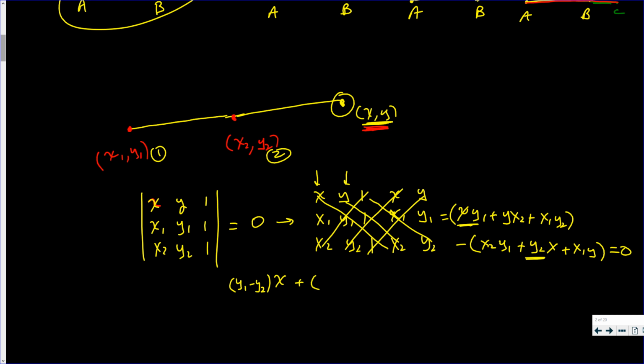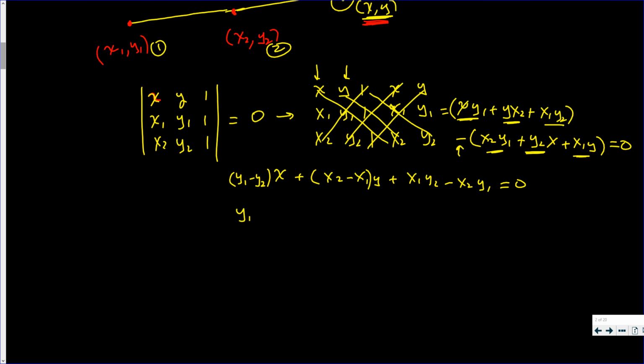How many y's do I have? Well, I have x2 y's, and I am taking away x1 y's. And what is the constant? Plus x1, y2 minus x2, y1 equals 0.